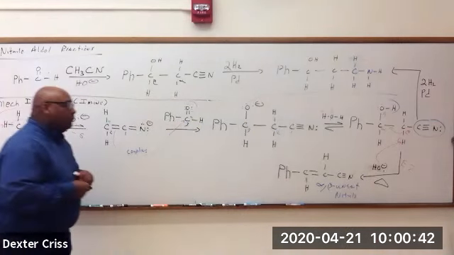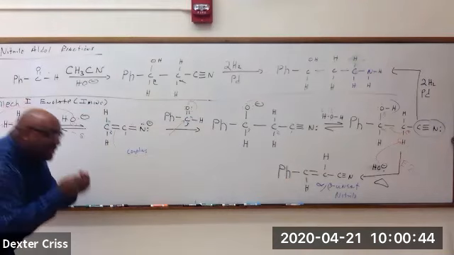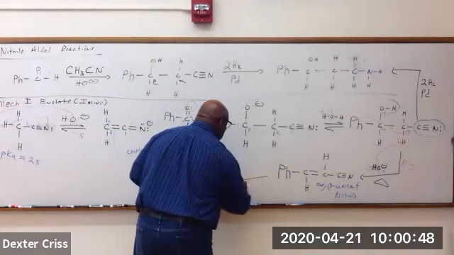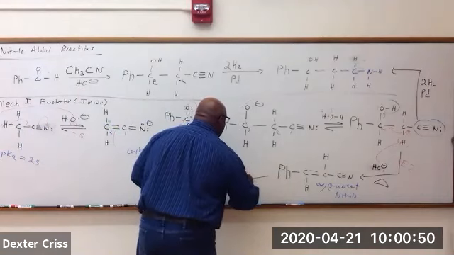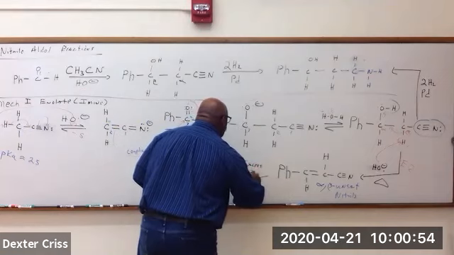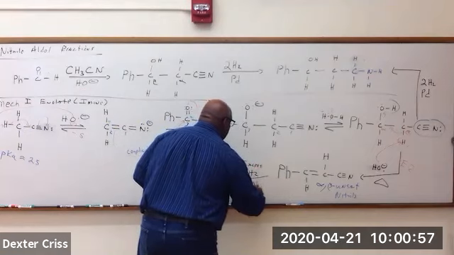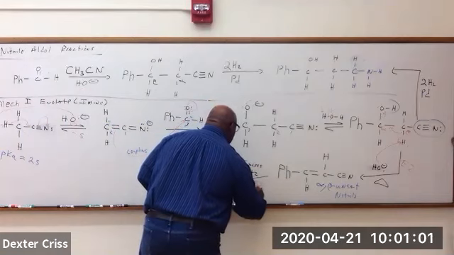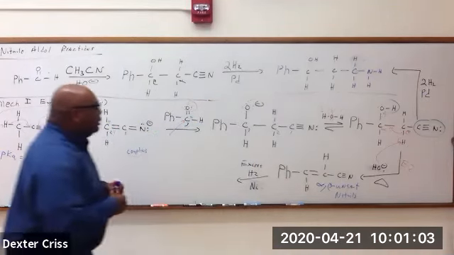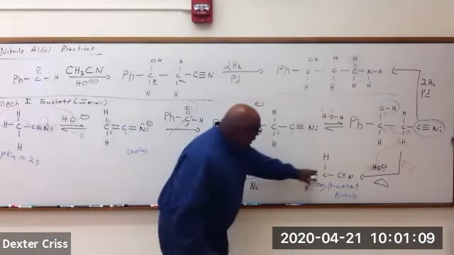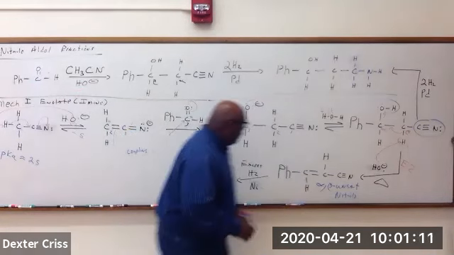But if I take that product and treat it with excess hydrogen gas, I'll just say nickel, just to remind ourselves there are different catalysts that we can use. And I'm saying excess, I need at least 3 moles of this. I can add hydrogen across all those pi bonds.